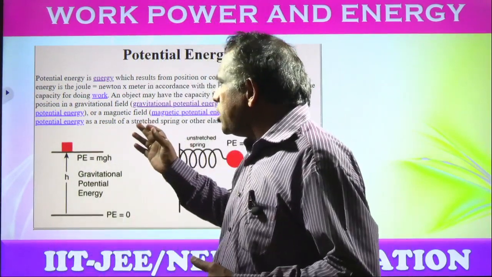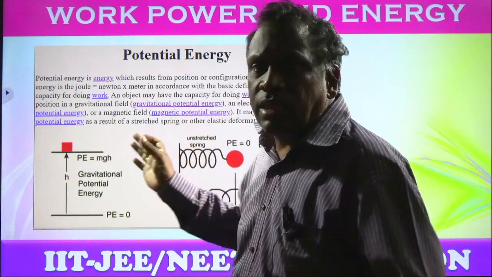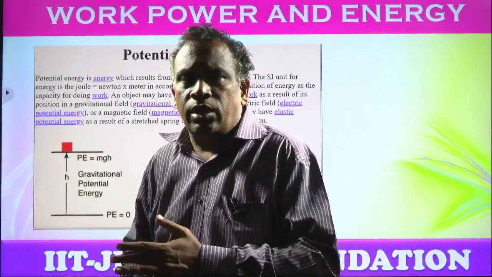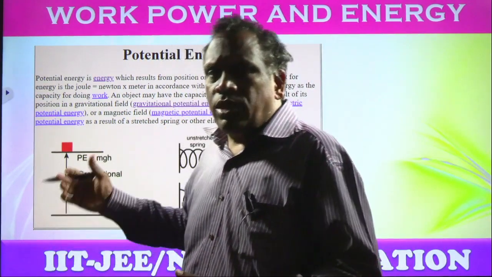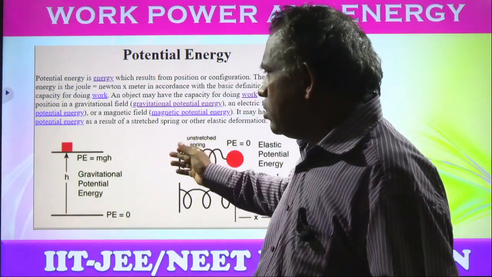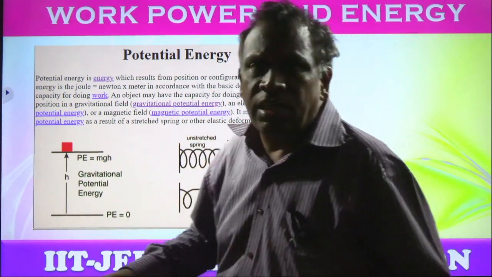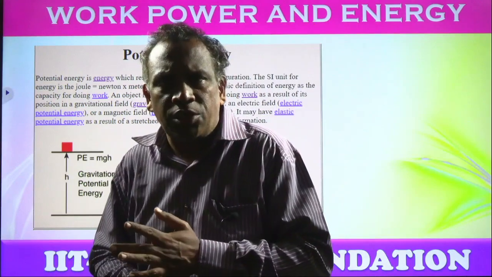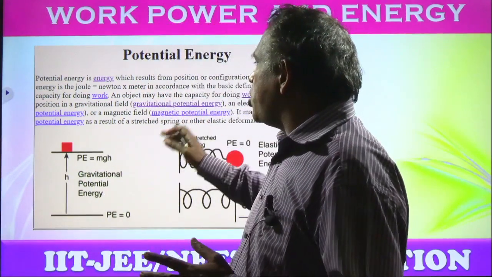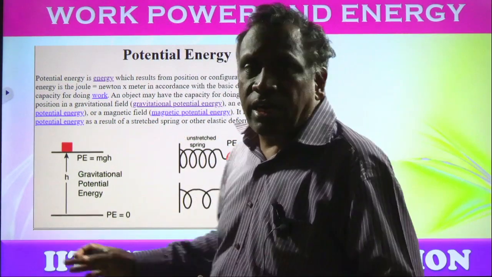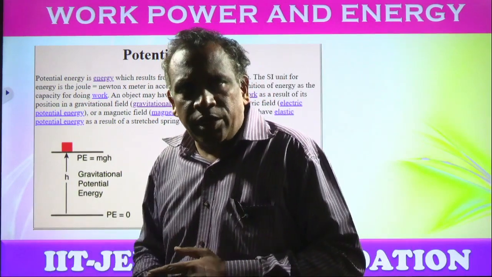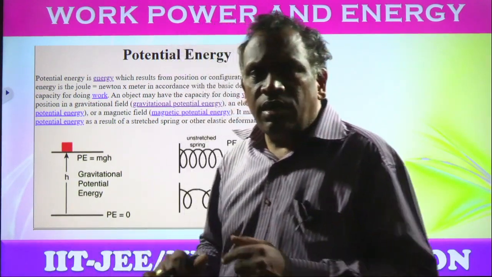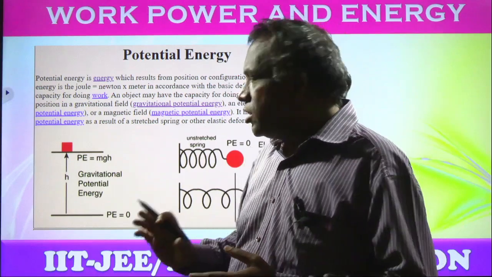The unit of potential energy is joules, or newton meter. There are different types of potential energies: gravitational potential energy, elastic potential energy, magnetic potential energy, and electrical potential energy.